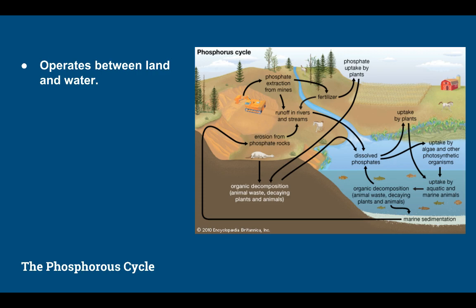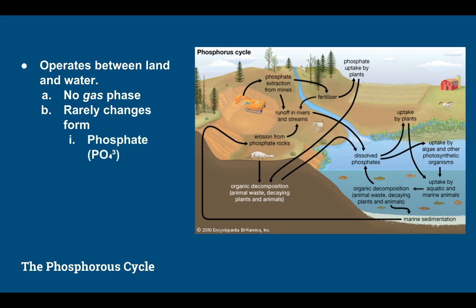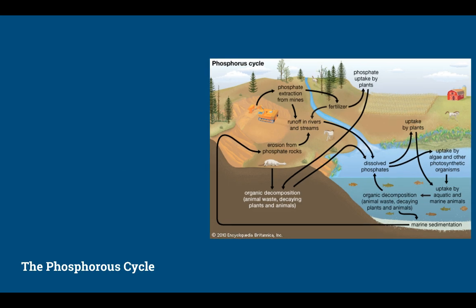It will travel between water and land. It's not in the atmosphere, so there is no gas phase, and it doesn't change form. It stays in that solid phosphate form, just going from the marine or water environment into the geology or the surface of the earth.